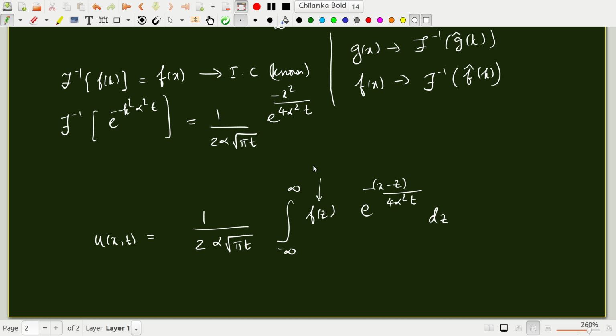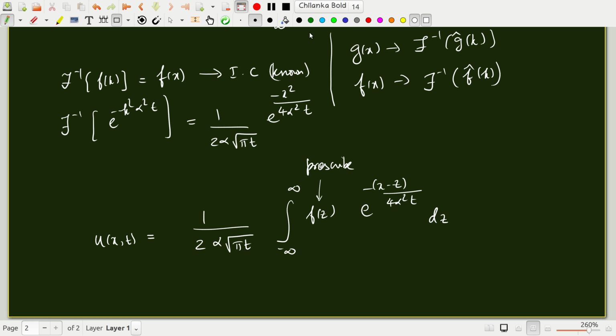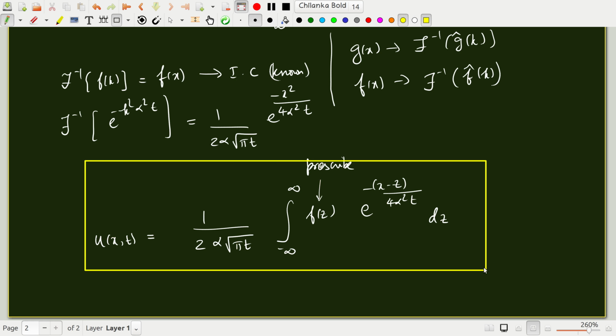You prescribe what f of z is, and then you know the solution to the problem. So this is the general solution without giving the specific functional form of f of z or f of x. Z is just a dummy variable.